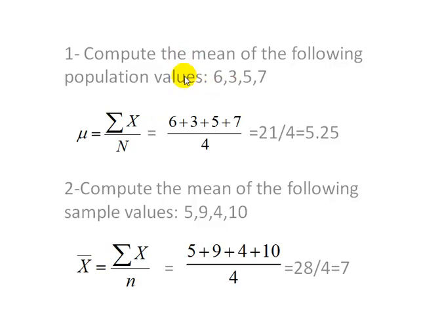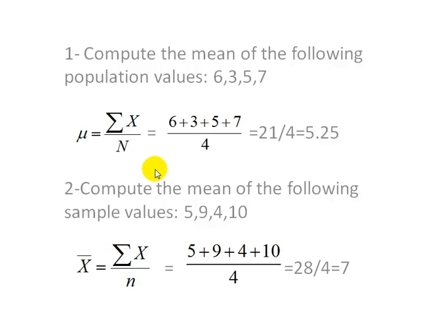So for this question, the population mean equals 6 plus 3 plus 5 plus 7, divided by 4. The sum of 6, 3, 5, and 7 is the sigma x, and n is 4. There are 4 values in this population, so we get 5.25.